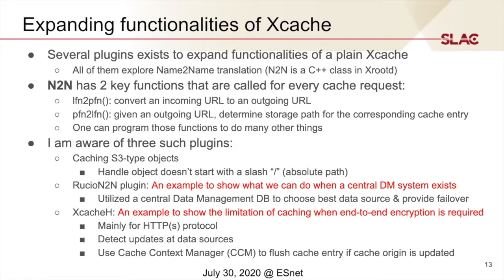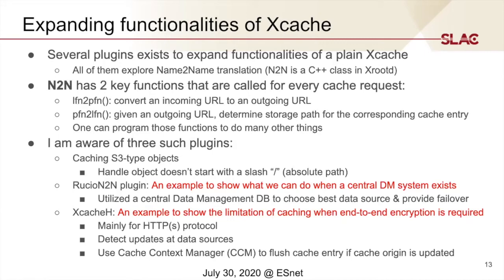So this is an example to show how we use a central data management system when it exists. The other one is Xcache H. It is mainly used for HTTP protocols, and one of its key functions is to be able to detect change at the data source. Based on that, you determine whether you want to flush the cache entry and refetch or not.